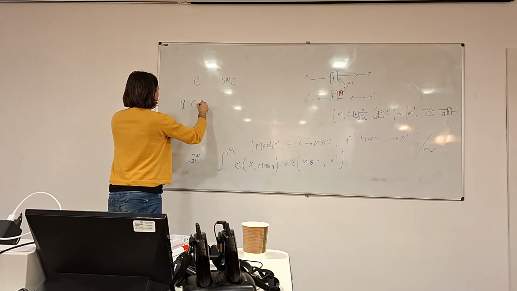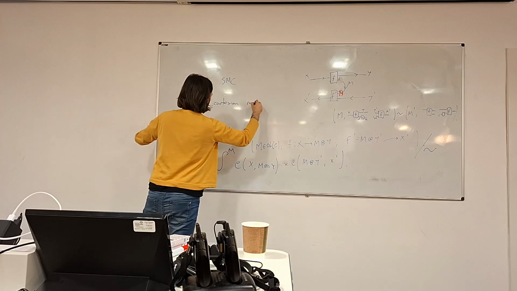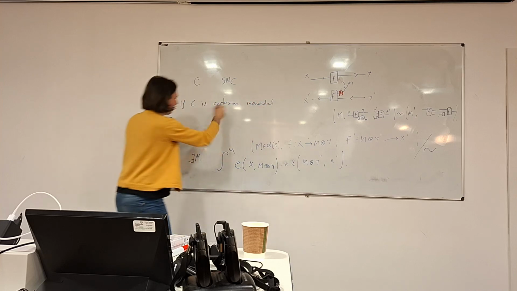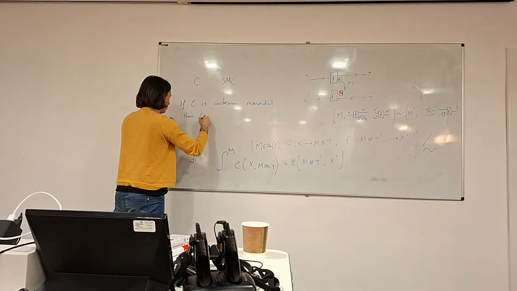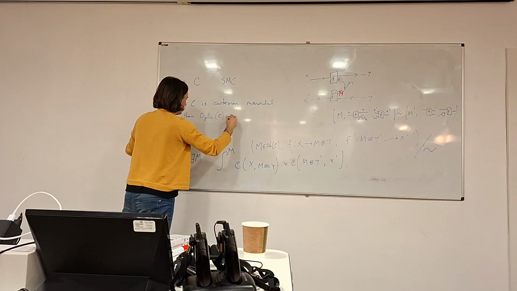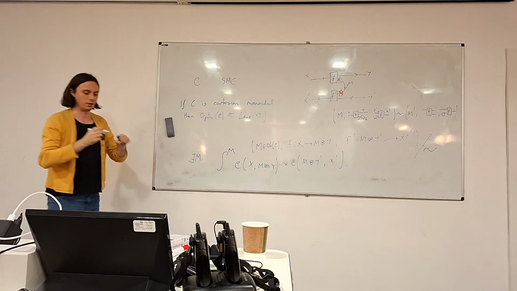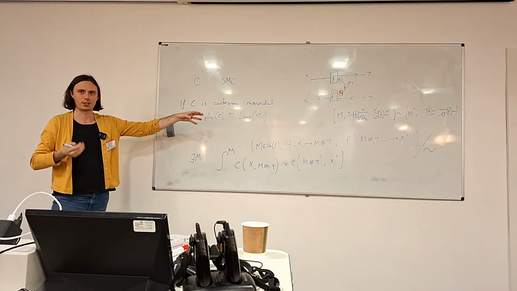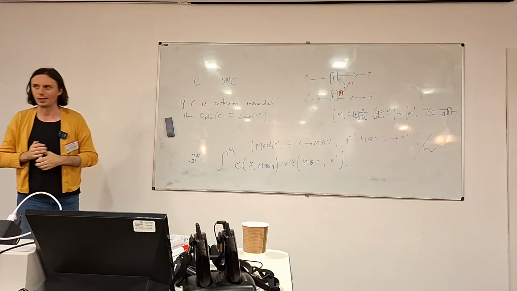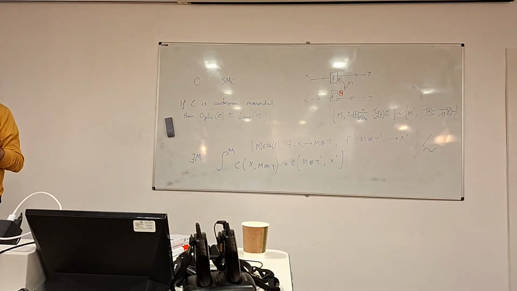If C is Cartesian monoidal, so if your monoidal product is a Cartesian product, then Optic C is isomorphic to Lens C as a category. The isomorphism is identity on objects, but you have to do some quite non-trivial stuff on the morphisms. The proof of this amounts to the Yoneda lemma. So this is a non-trivial proof.